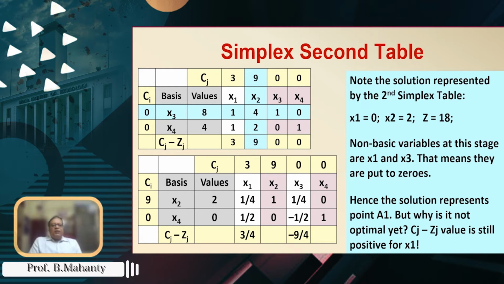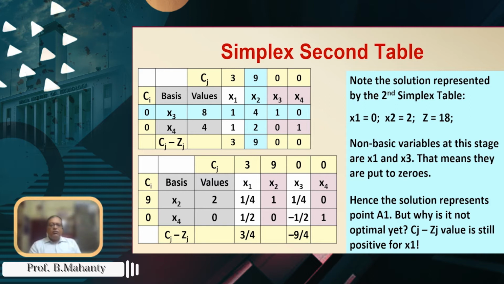But what is happening? x1 is coming into the basis, and we have already got the optimal point x1 equal to 0 and x2 equal to 2, which we have already seen graphically. Right, so graphically we have observed that the optimum solution is x1 equal to 0 and x2 equal to 2, and in the second table itself we have got that optimum solution.